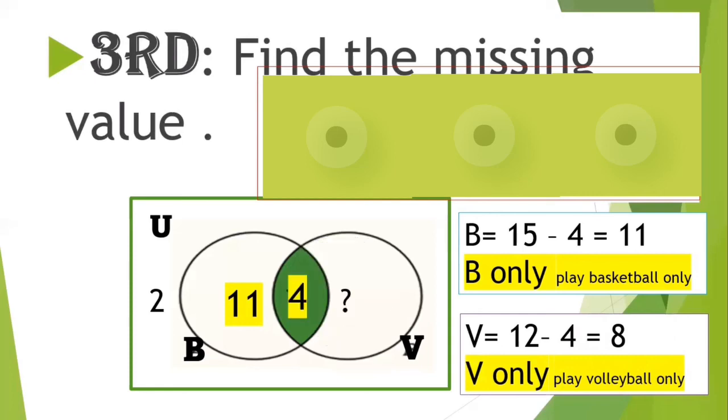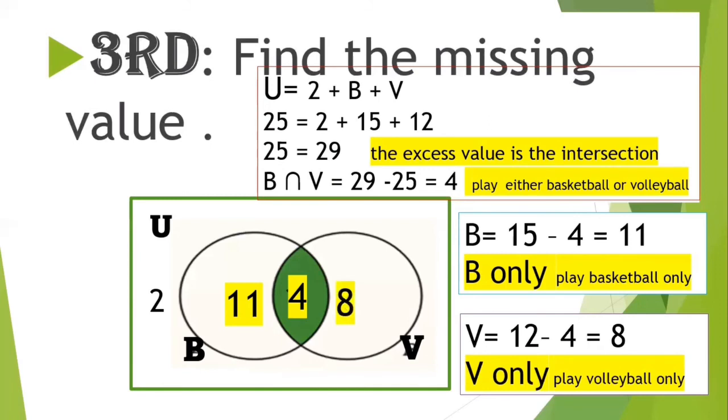So, 12 minus 4 is equal to 8. Then, that will be our V only or yung naglalaro lang ng volleyball. Nakuha? That is how we're going to find the missing value using the Venn diagram. Minus-minus lang, plus and minus. Yan yung ginagamit natin. Ang kailangan lang dyan, kailangan mo intindihin yung word problem para malaman mo kung saan ilalagay yung mga values. Saan tayo magbabawas ng mga values.